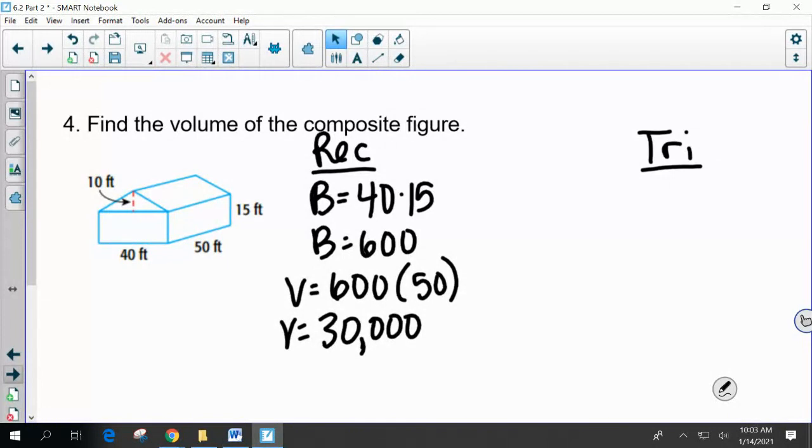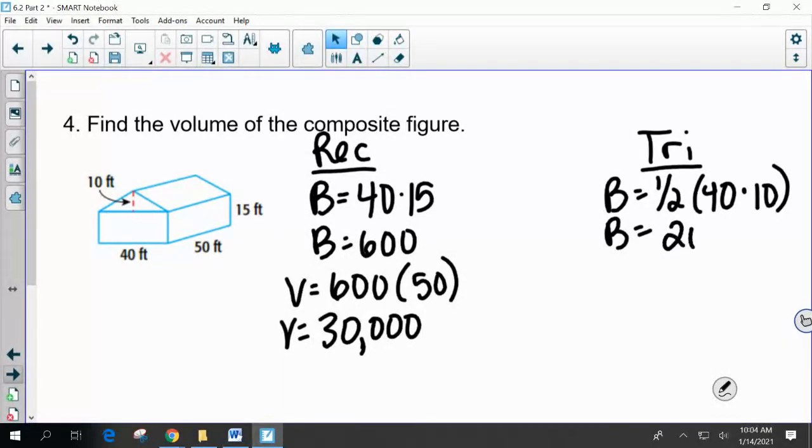Okay, and then for my triangular prism, I'm working with 10, 40, and 50. So capital B equals 1/2, and then I use 40 times 10. So that ends up being 200.